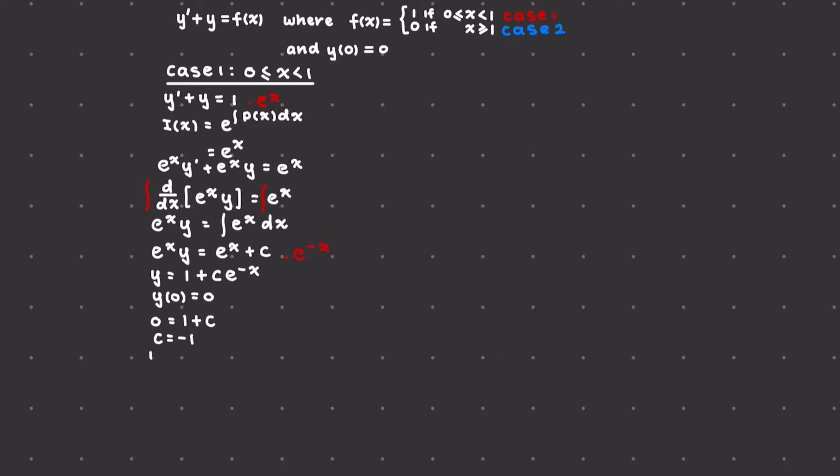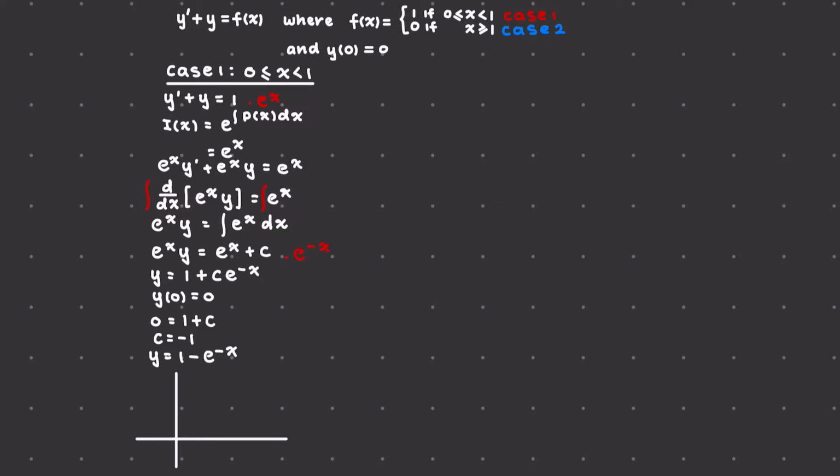And let's substitute it back to the equation that we've got here. Okay, so y equals 1 plus, or actually it is minus e to the negative x. And we know how to graph this function, whereas the graph of y equals 1 minus e to the negative x here is just this thing here.